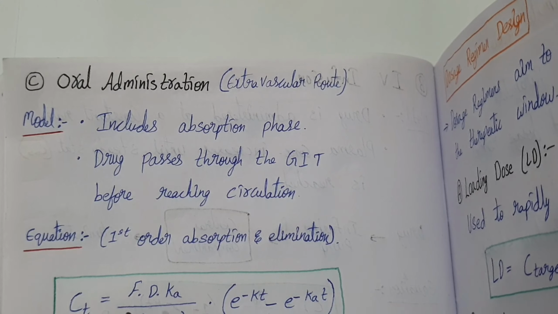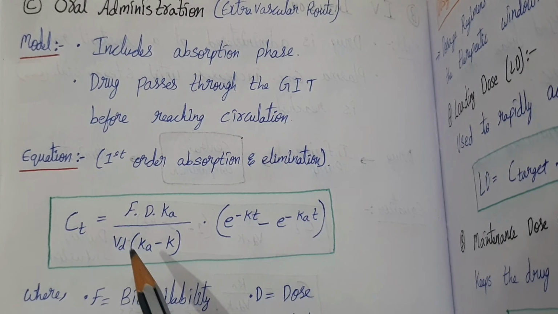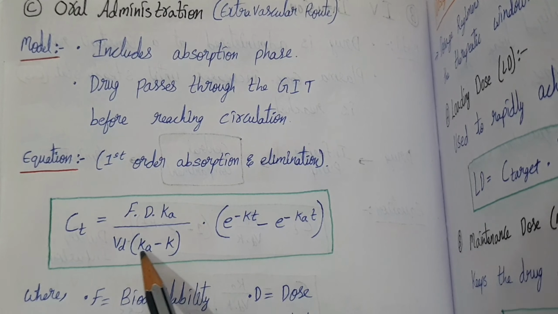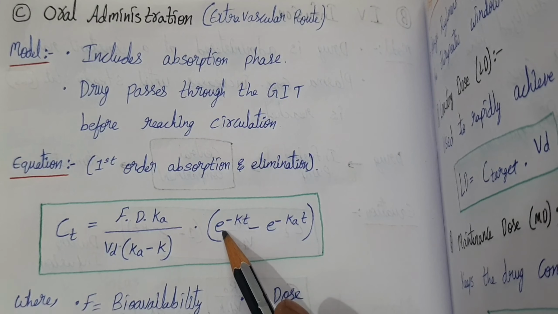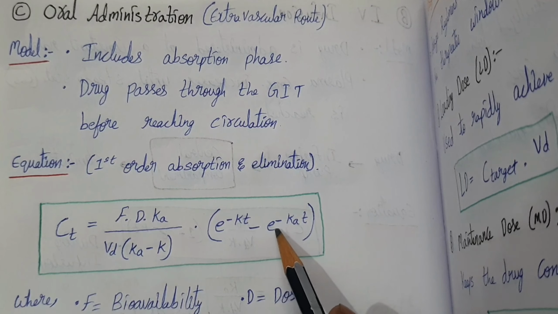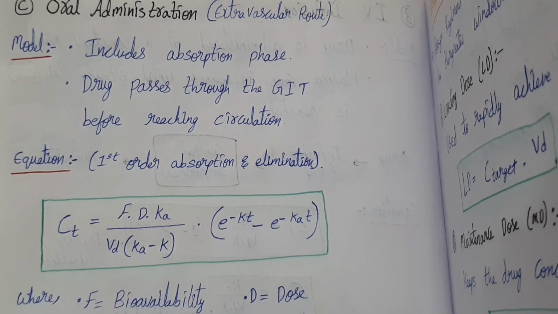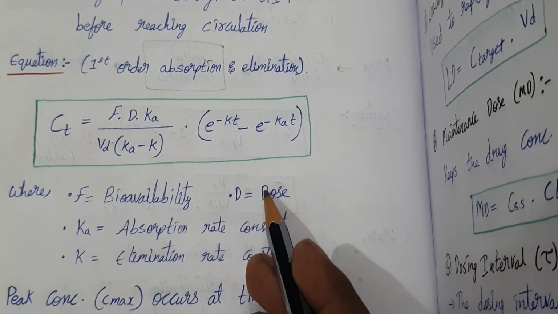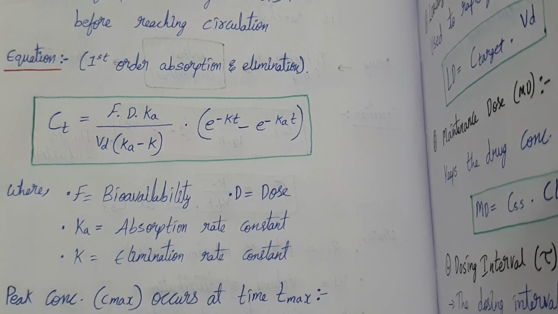So the equation will be Ct equals F D Ka divided by Vd into Ka minus K. Then it is multiplied by e power minus Kt minus e power minus Kat, where F equals bioavailability, D equals dose, Ka is the absorption rate constant, K is the elimination rate constant.